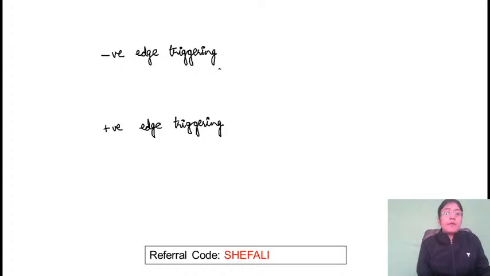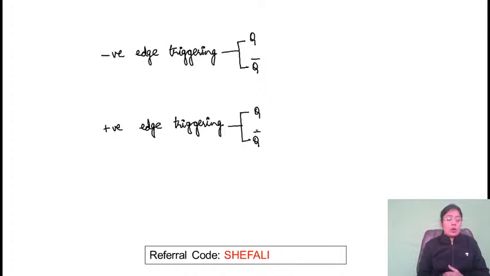If negative edge triggering is there, तो जो आपके पास clock है, clock can be connected with uncomplemented output. It can be connected with complemented output.